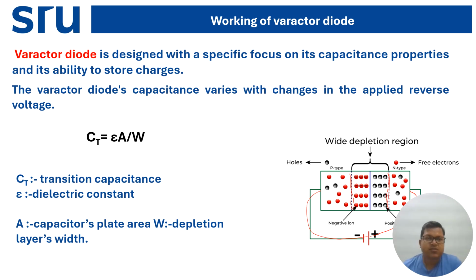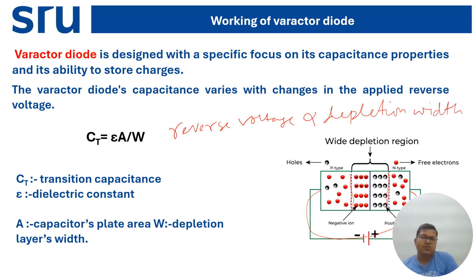Let's read this line again. The Varactor diode's capacitance varies with changes in the applied reverse voltage. That means as we change the applied reverse voltage, the depletion width varies.